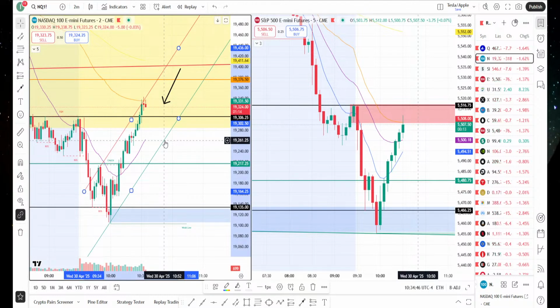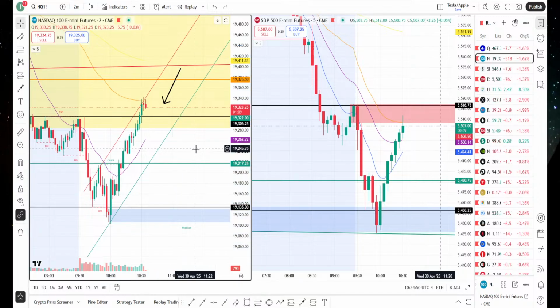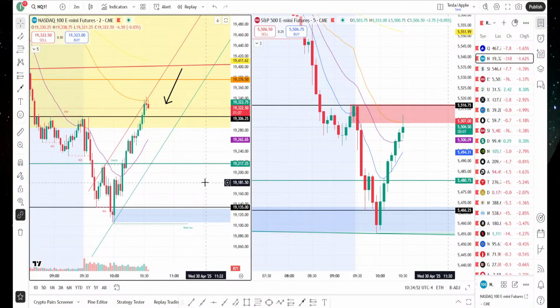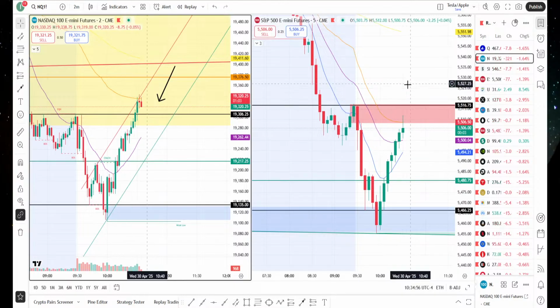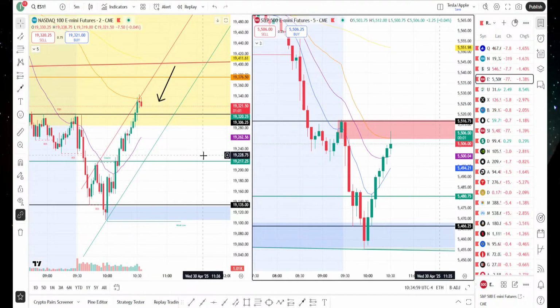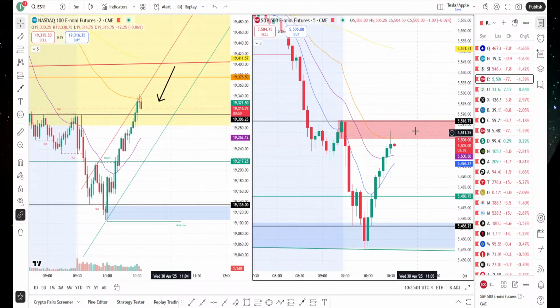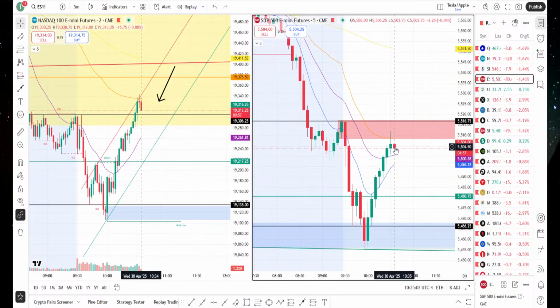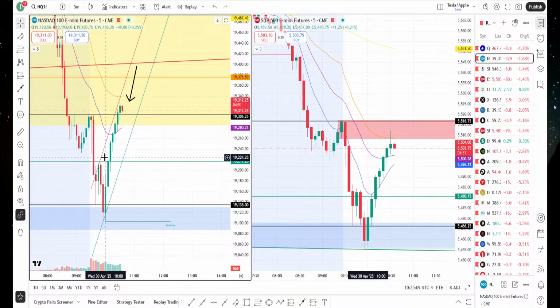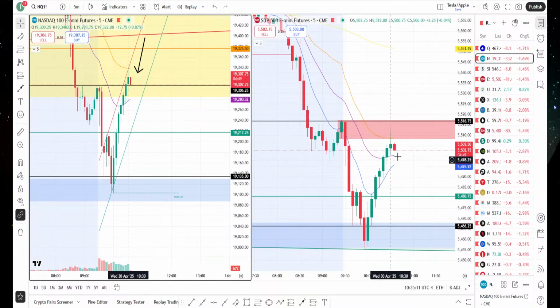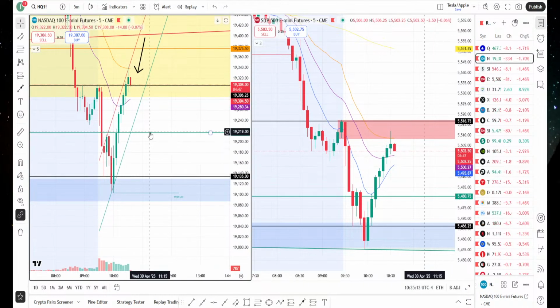Let's take this off for now. You know what? Actually, I'll keep that there. I'll keep this trim in there. So we see over here on ES that we're just now stepping into that supply zone.